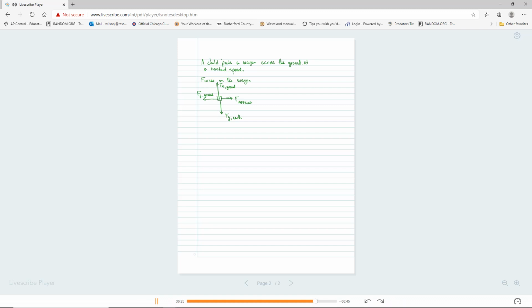That would be the first one. What's the action-reaction pair for the applied force? Child pulls on wagon, so wagon pulls on child. An applied force from the wagon on the child. You feel it if you're pulling a wagon.